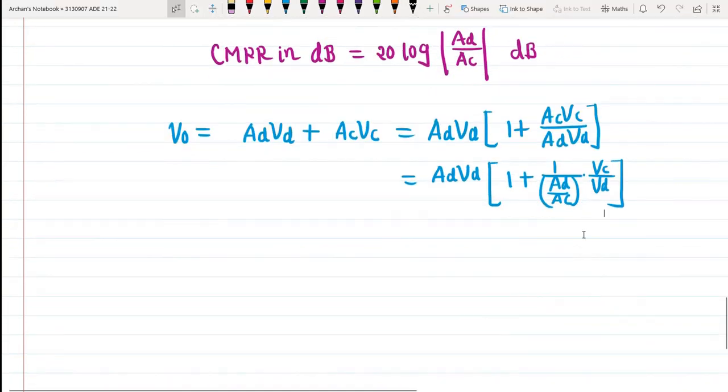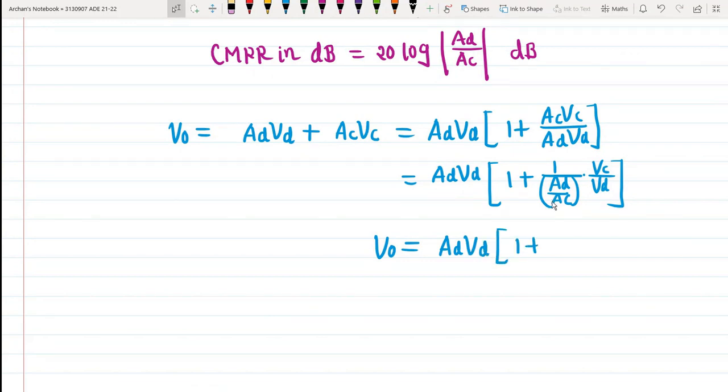So this denominator term in this equation is equal to CMRR, right? So our output voltage V0 will now be equal to AD VD into 1 plus 1 over CMRR into VC by VD.